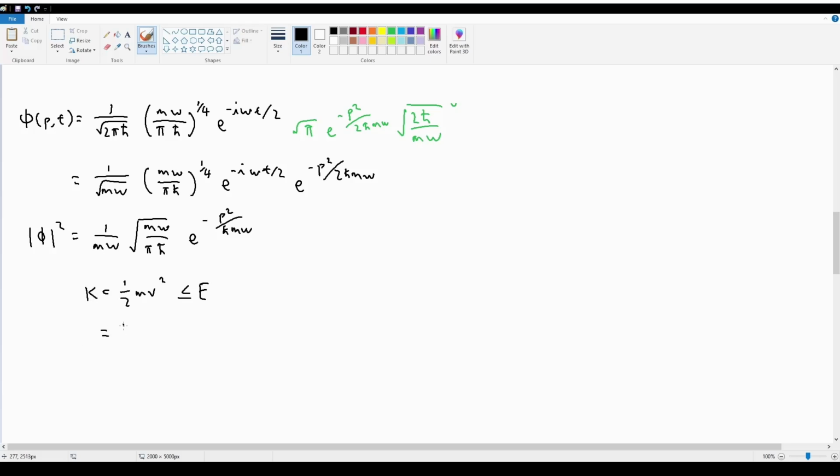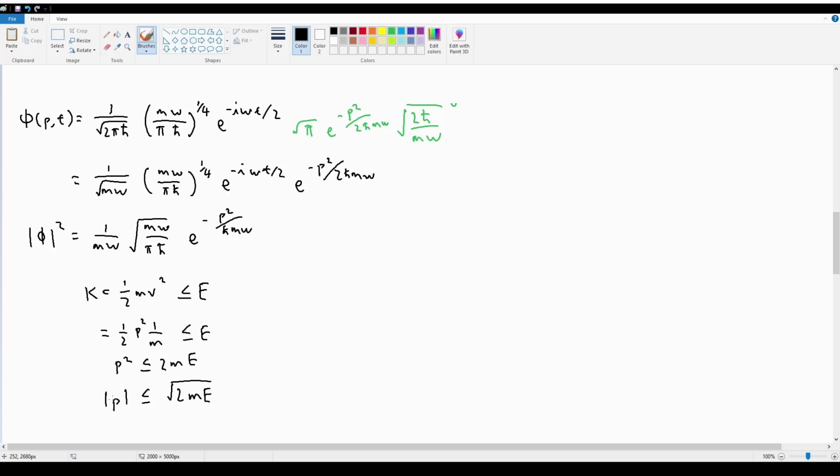This is actually equal to 1/2 p squared times 1 over m, and this is less than or equal to E. So p squared is less than or equal to 2mE, or the magnitude of p is less than or equal to the square root of 2mE. This is our classical range for momentum.